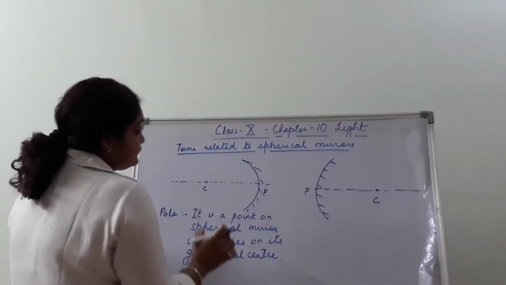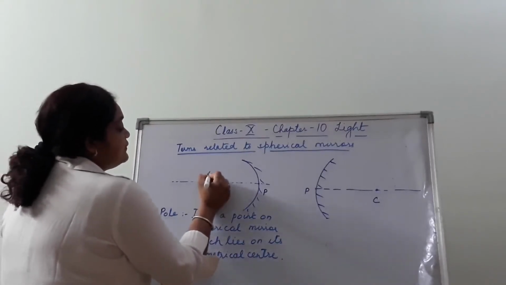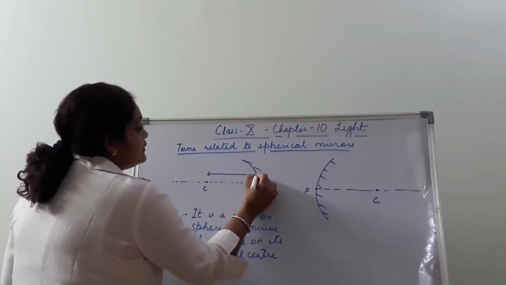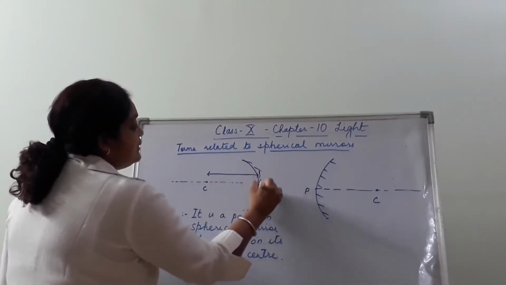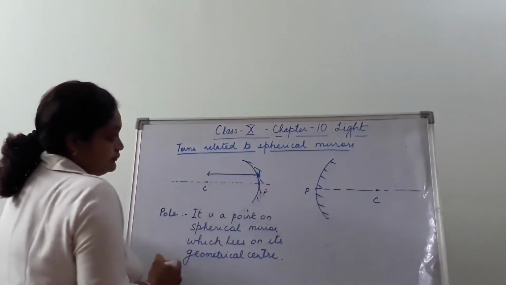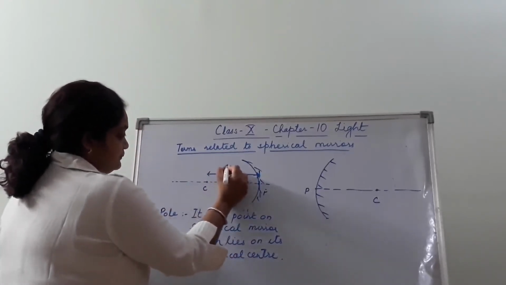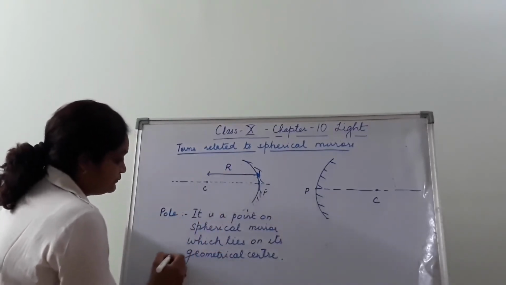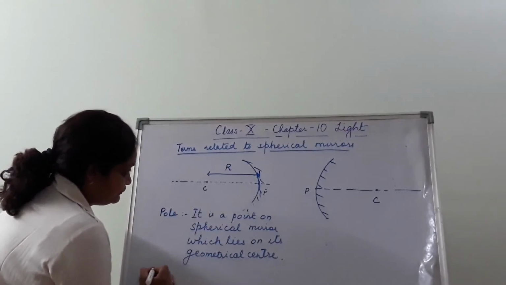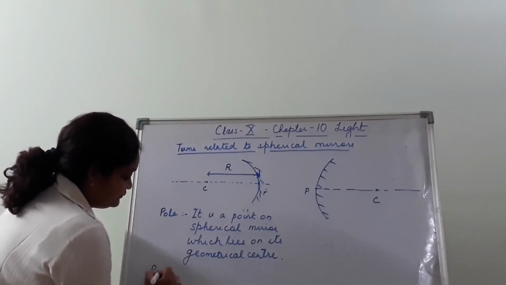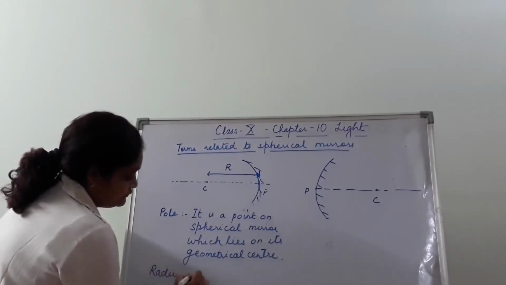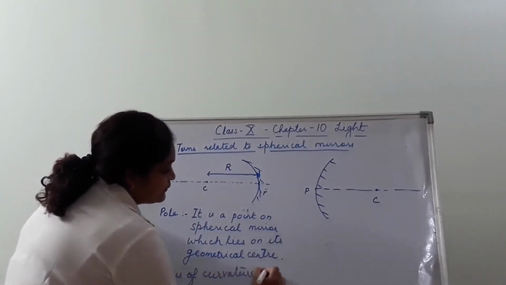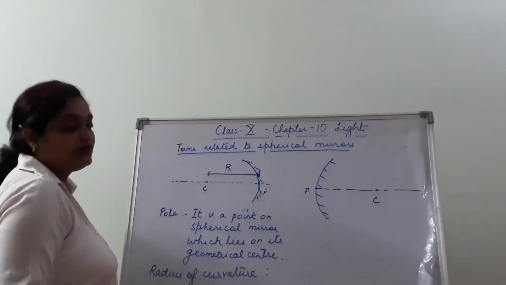Next is the distance between the center of curvature and the pole. It is called the radius of curvature. What is radius of curvature?